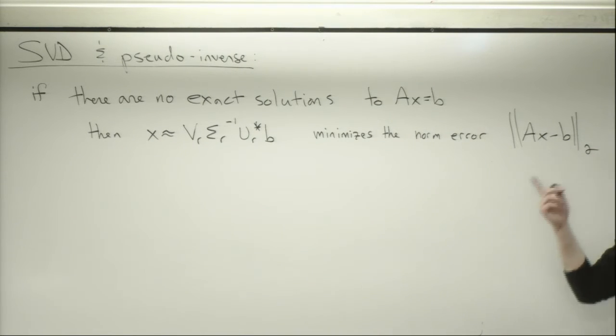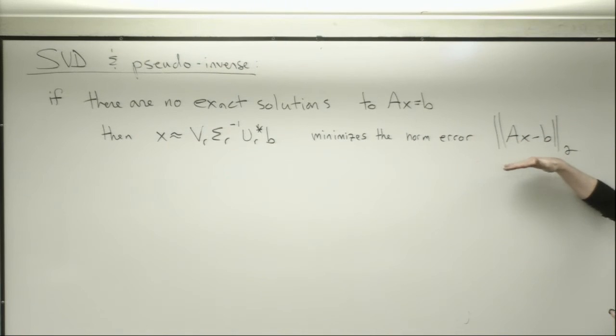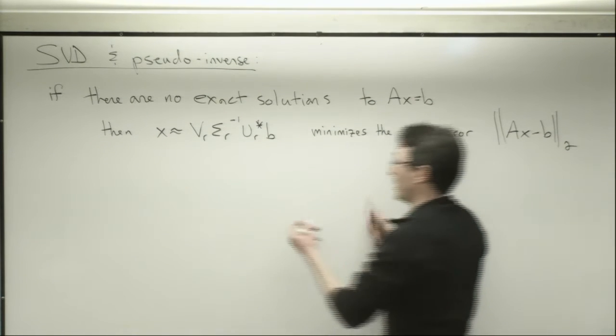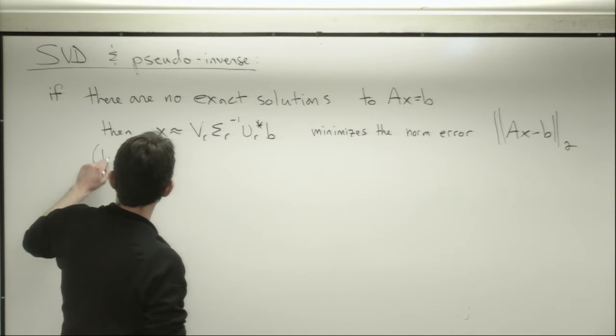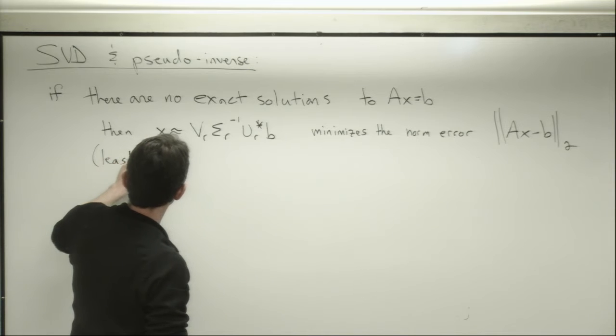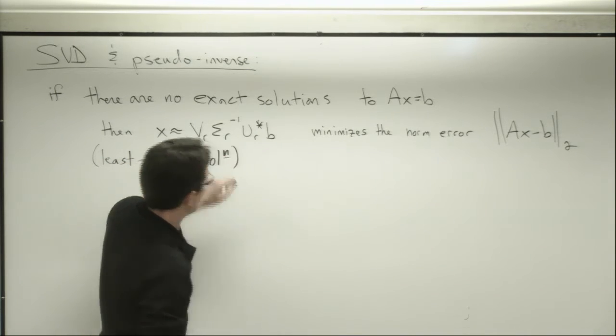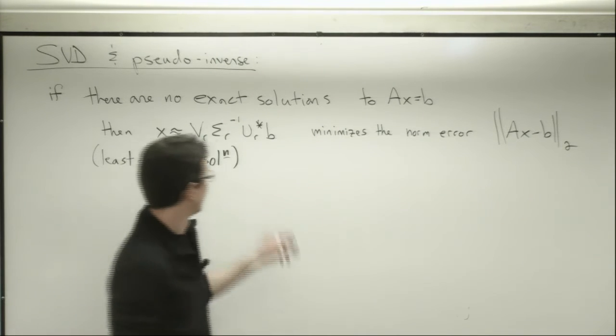And what is the 2 norm of an error vector? It's just the sum of the squares of all the terms. So it's the mean square error. So this minimizes, this is called a least squares solution, because it minimizes the mean squared error.